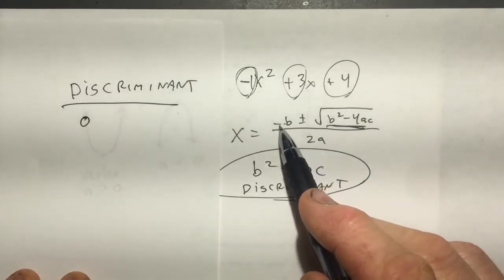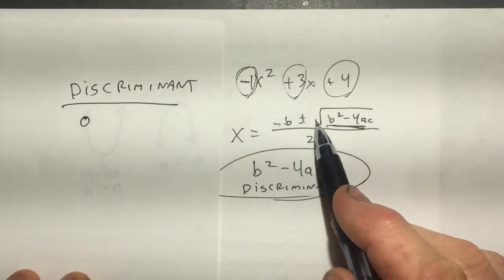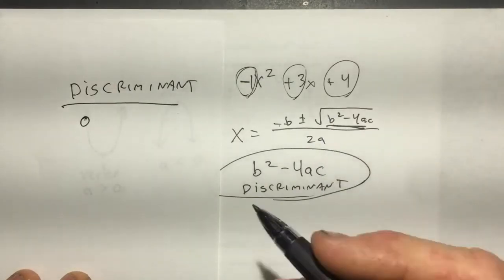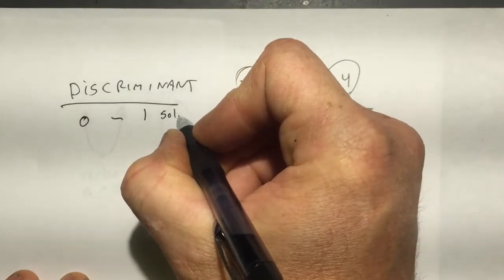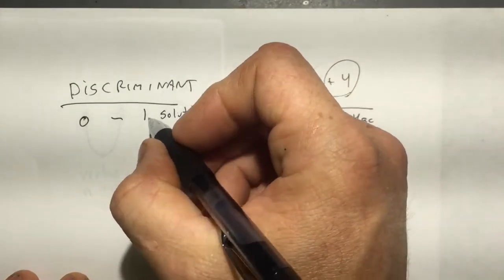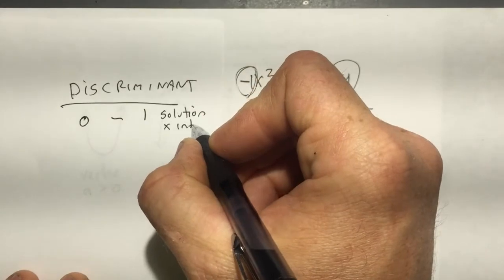So basically I have -b plus 0, -b minus 0, which are the same thing. That means this only has one solution, or one x-intercept.